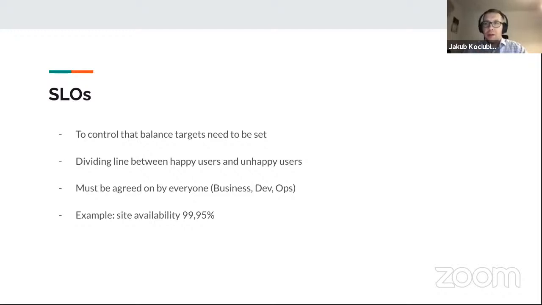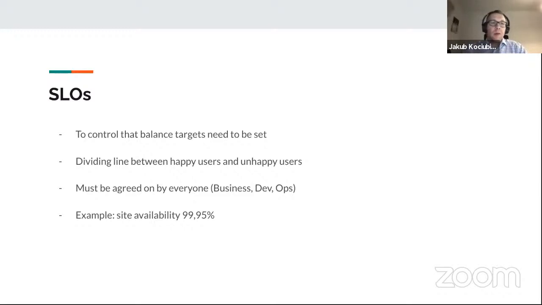So not only the product people, not only business people, but also developers, also sysadmins. So the organization should have a target that it's trying to achieve, and everyone should agree on it. So there is much more cooperation throughout the development team, operations team, business people, and everyone.